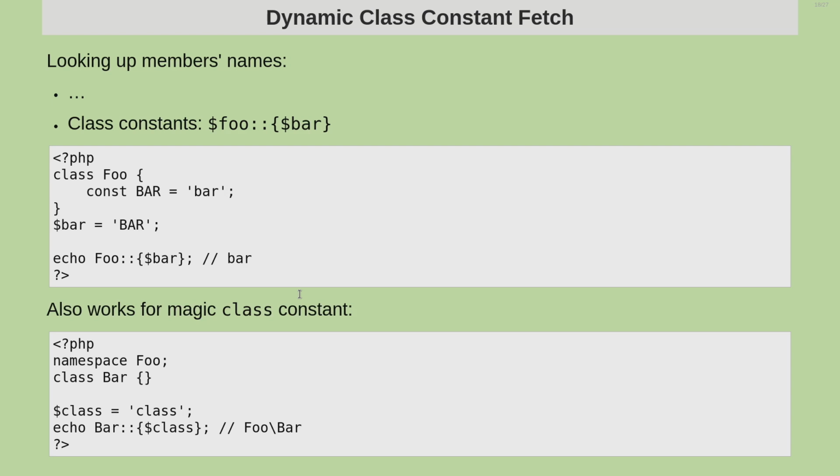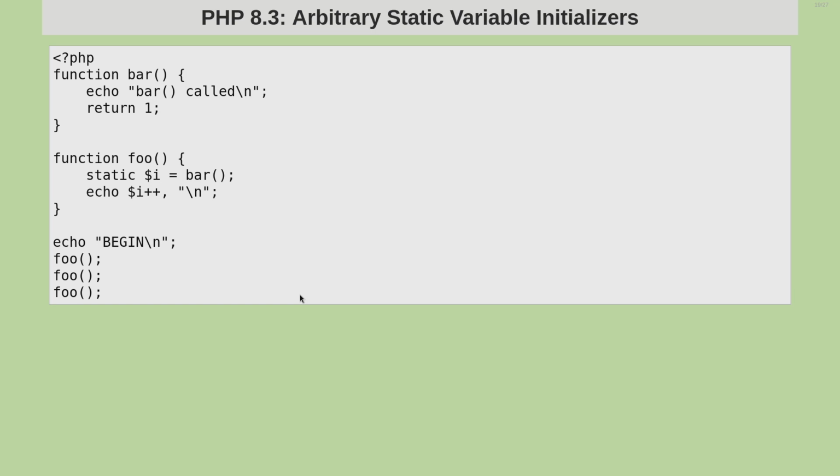So if the parser sees this ::class thing, it already substitutes that before it even gets to code generation or internal code generation. However, because this is not an actual constant, we had to add a special case for making that work with our dynamic class constant fetches as well. But it does work, of course.